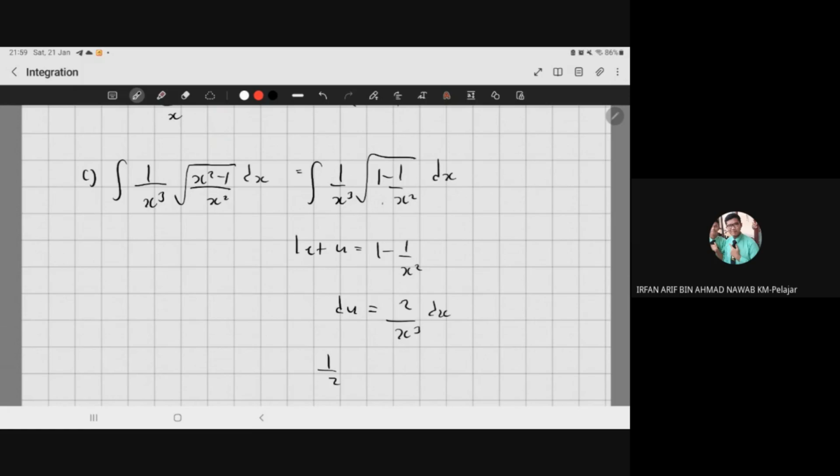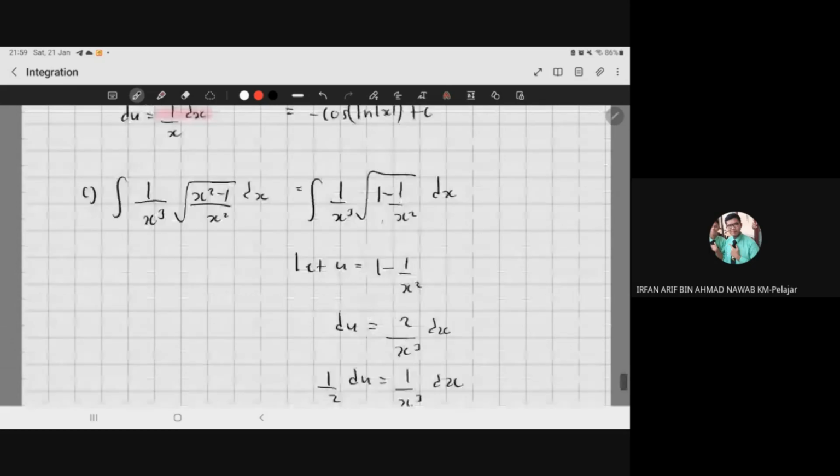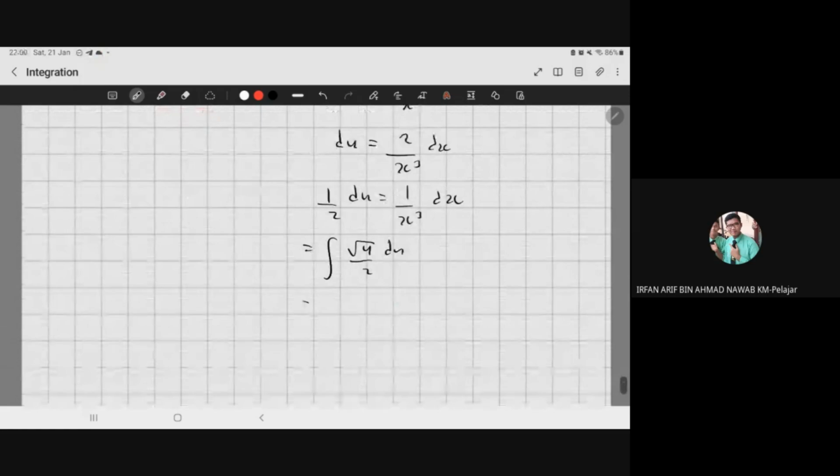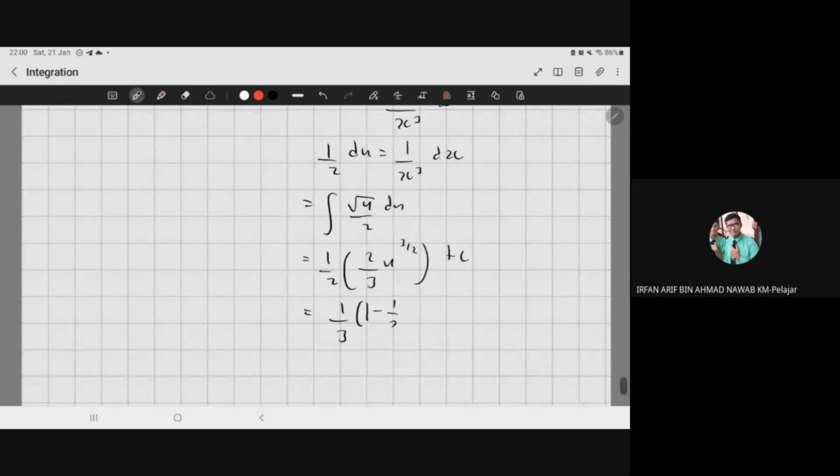In other words, 1 over 2 du is equal to 1 over x cubed dx. From here, you get the square root of u over 2 du, substitute as usual, and then integrate it. You will get 1 over 2 times 2 over 3 u to the power of 3 over 2 plus c. So 1 over 3 times 1 minus 1 over x squared to the power of 3 over 2 plus c.